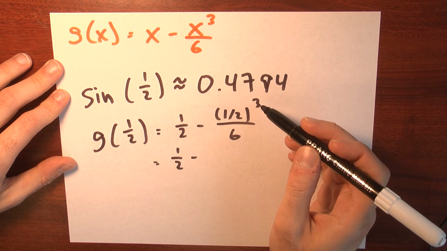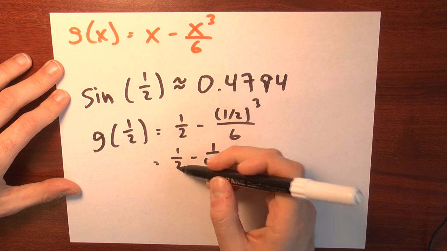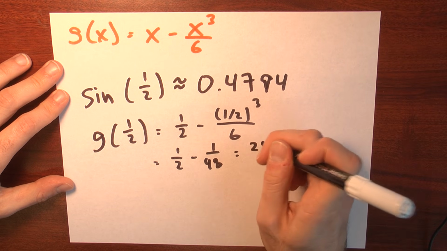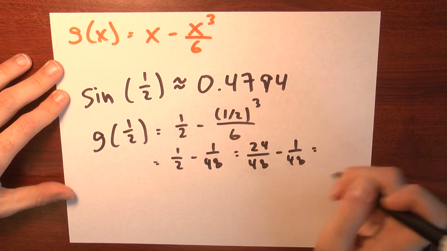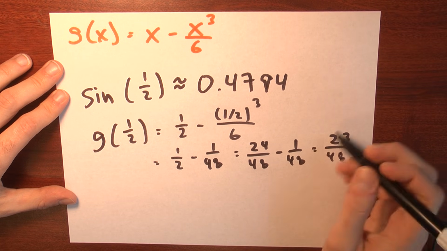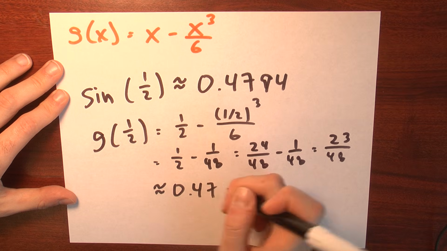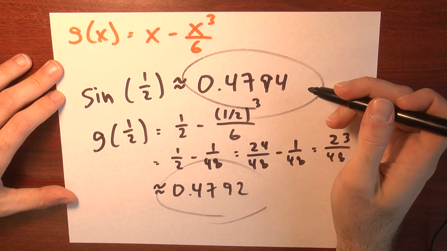That's 1/2 to the third. That's an 1/8 over a 6. That's a half minus a 48th. Well, instead of writing a half, I could write 24 48ths minus a 48th. Well, that's 23 48ths. Well, what's 23 48ths? That's approximately 0.4792. That is awfully close to sine of 1/2.